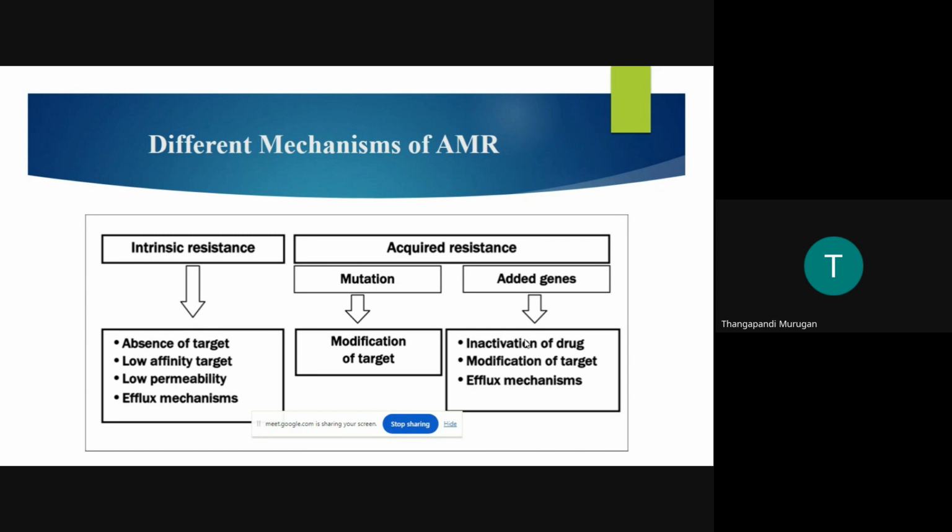It doesn't mean that these characters will be present only in intrinsic bacteria. This has been identified most commonly in intrinsically resistant organisms, which use this particular mechanism, in vitro in research labs. And acquired resistance can be created by mutation, which is happening very quickly in recent days, and by added genes.